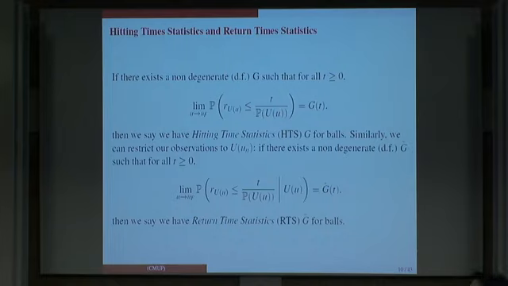Okay? And in this case, we have hitting times, and if you start in the actual target and you consider the measure conditional to being in this target, then instead of having hitting times, you have what's called return time statistics.